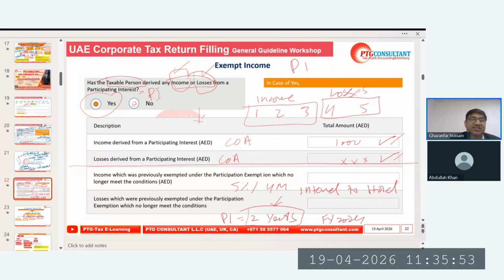Now, the next year, if we add over here 2025, we have to go back and check whether this share is still with us or not. If we sold these shares in less than 2 years, then the income we put here as exempt would be chargeable.